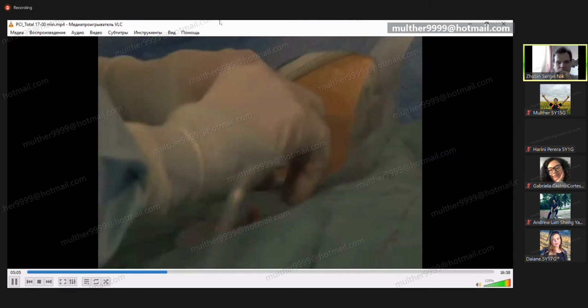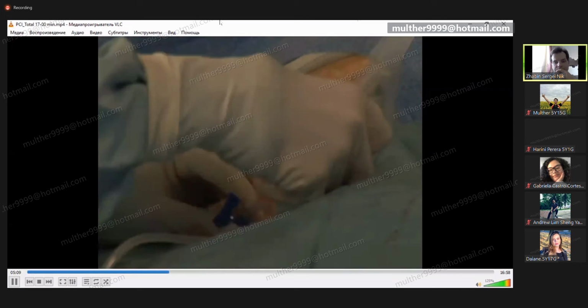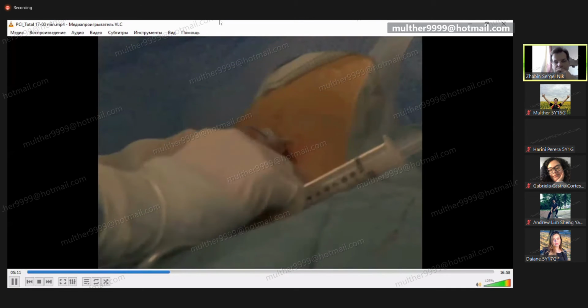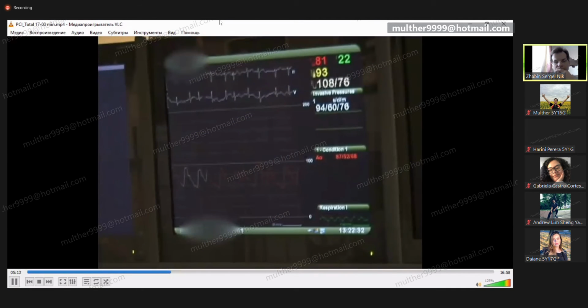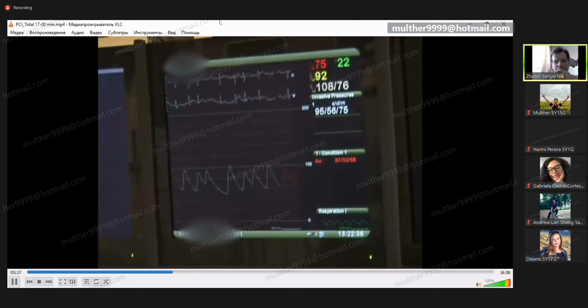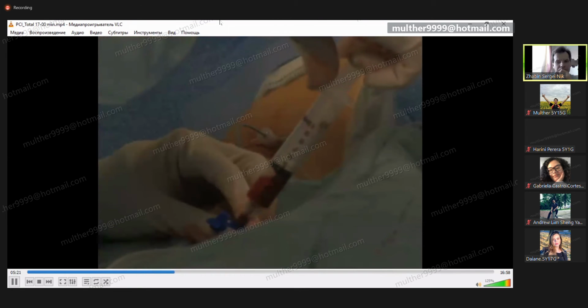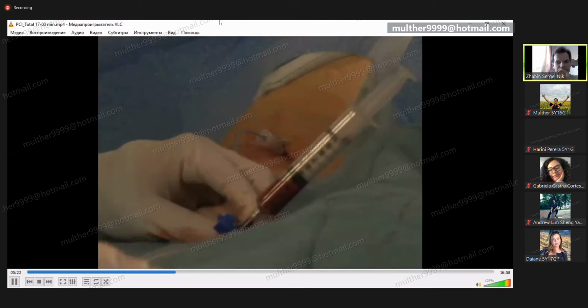An automatic contrast power injector with an integrated hemodynamic monitoring system is used in this video, although a standard catheterization manifold may also be used if a power contrast injector is not available. The guide catheter and injection tubing are aspirated and cleared of any air bubbles.